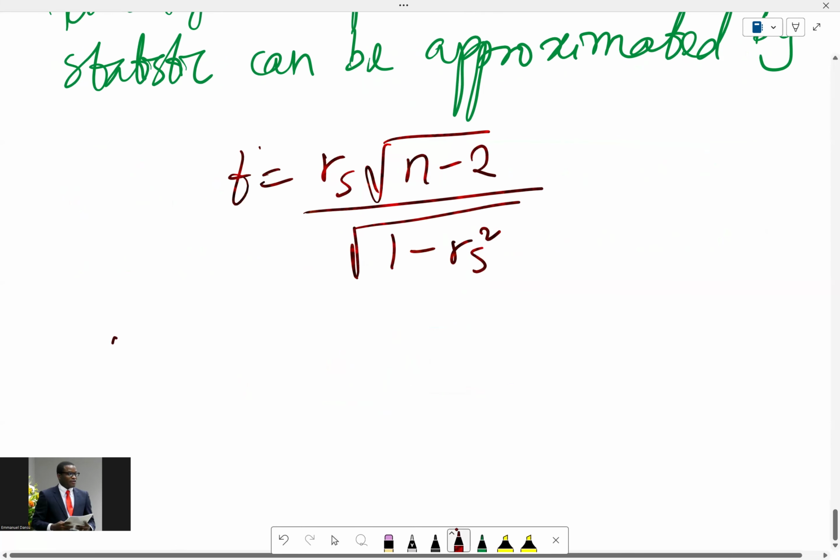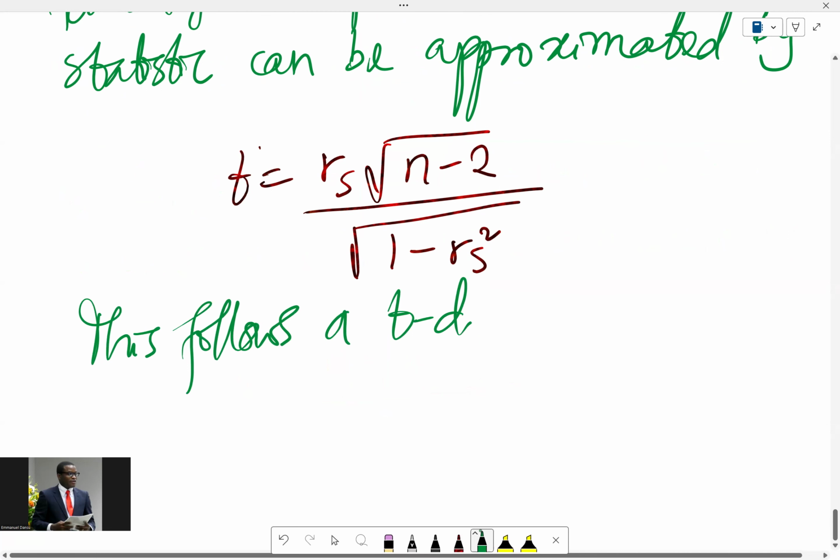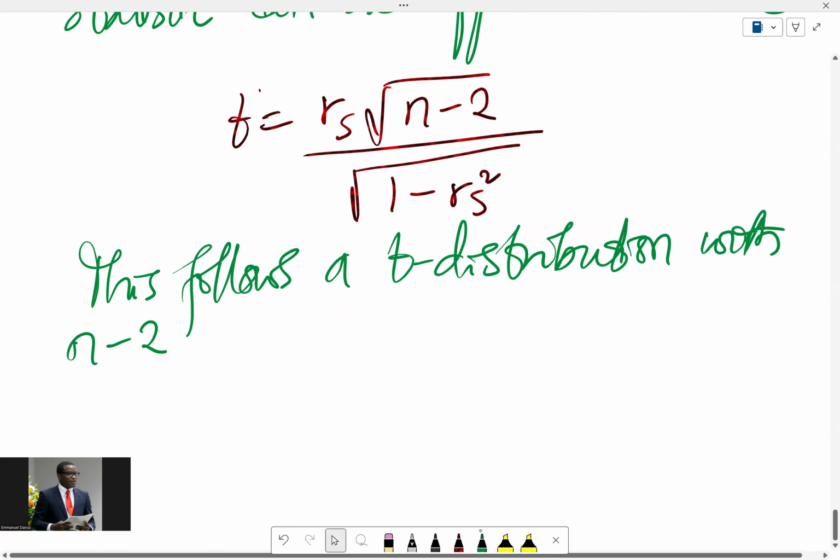So this follows a t distribution with n minus 2 degrees of freedom.